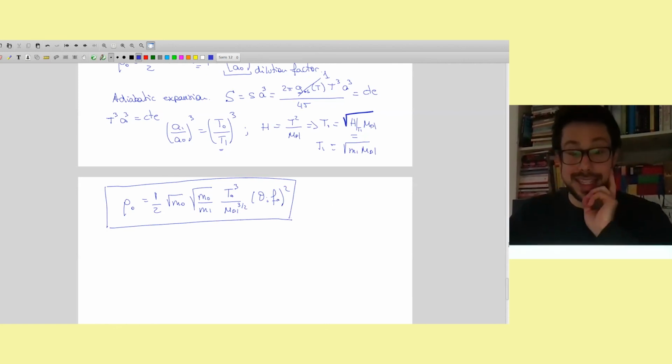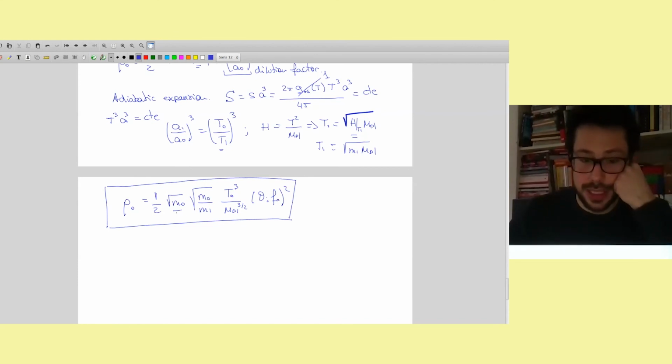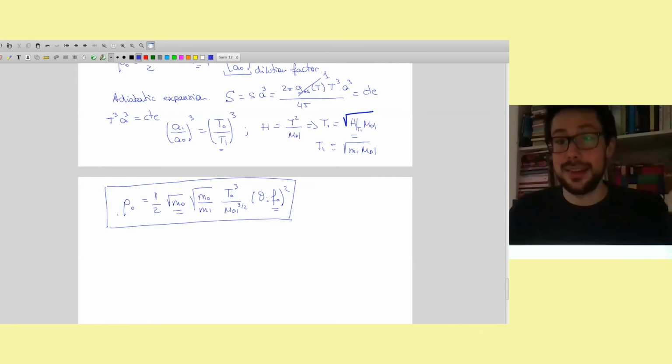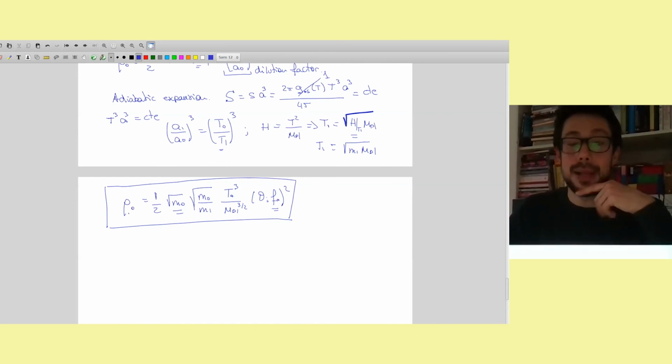As we can see, the energy density of the axions depends on the axion mass, and the larger the axion mass, the larger the energy density. But most importantly, it depends on the axion scale. The larger the axion scale, the larger the energy density in axions. Moreover, we can enhance the relic density of the axions by having some temperature dependence.